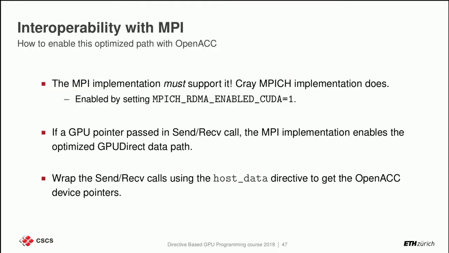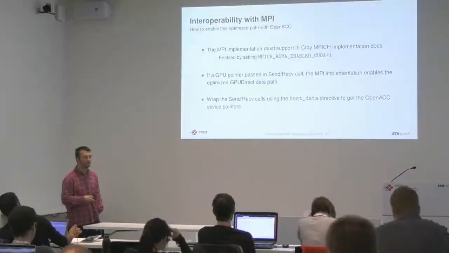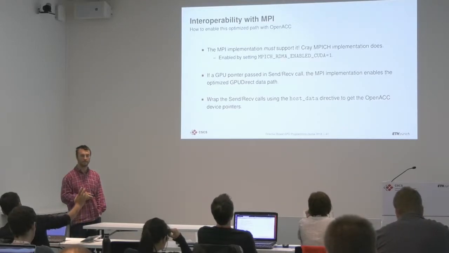This way you just pass the pointers to the send and receive calls, and then you enable this path. And we're going to see in the hands-on sessions how beneficial this can be.